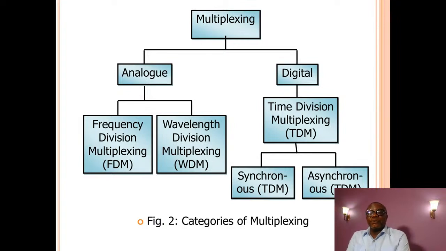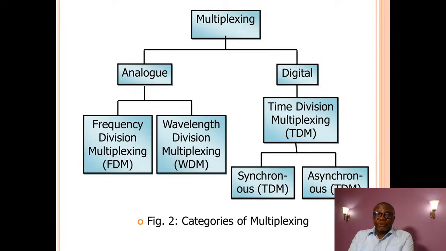So if you look at Fig 2, we say at the top we have multiplexing. So it can be either analog or digital. So for the analog multiplexing, it can take the form of frequency division multiplexing. It can take the form of wavelength division multiplexing.